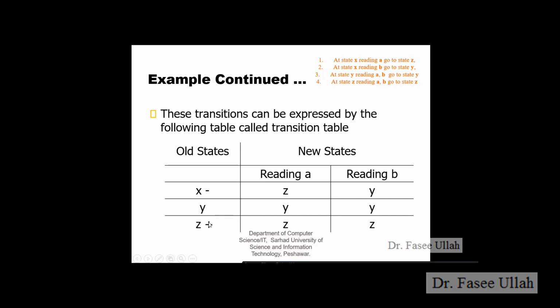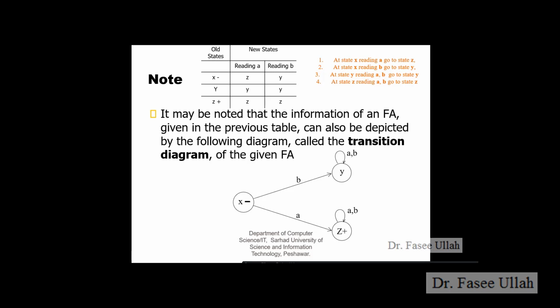So how do we see this in the finite automata for such a transition table? Let's see in the next figure. If we keep the English statements and the transition table, we can easily know how to draw the transition diagram. This is the initial state and this is the final state.